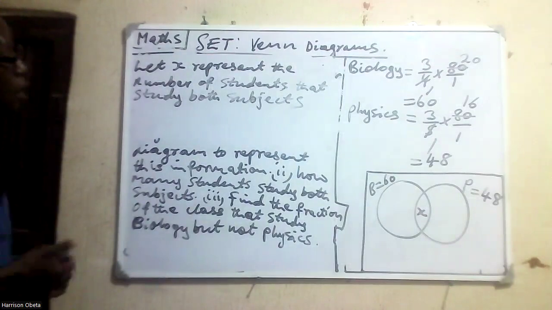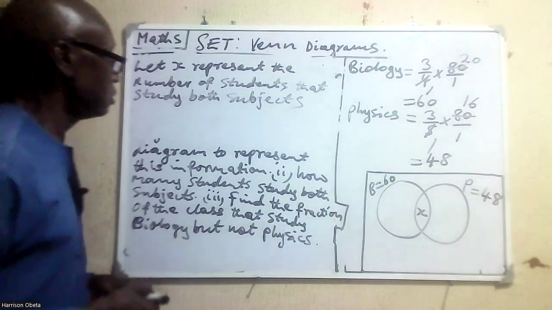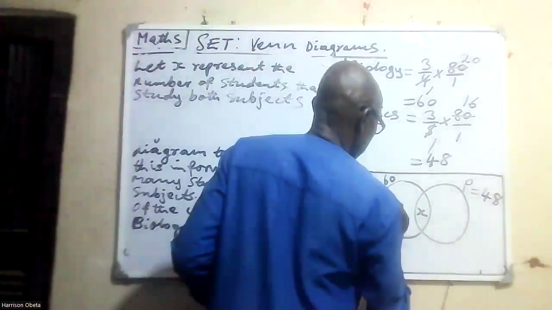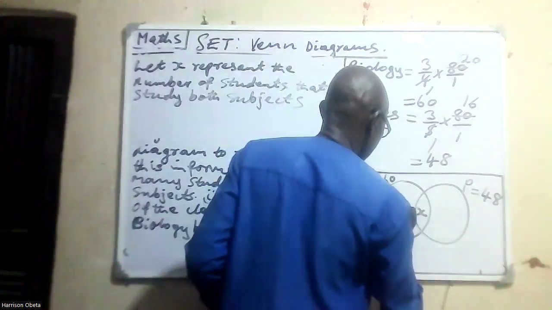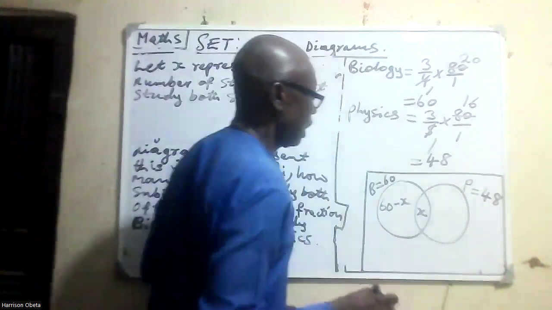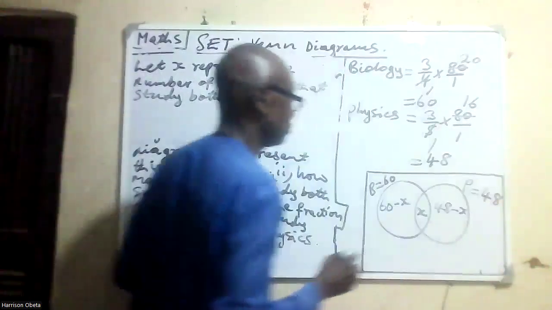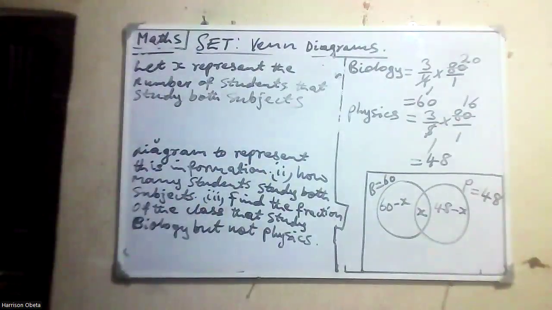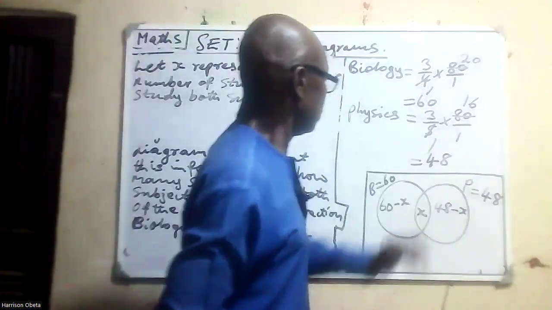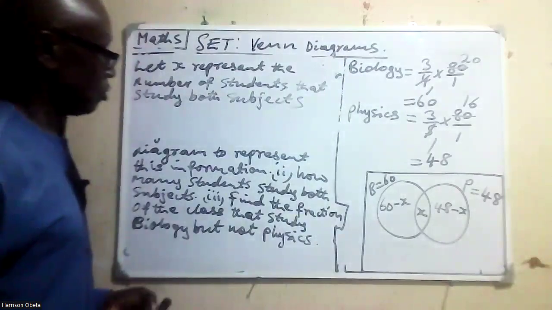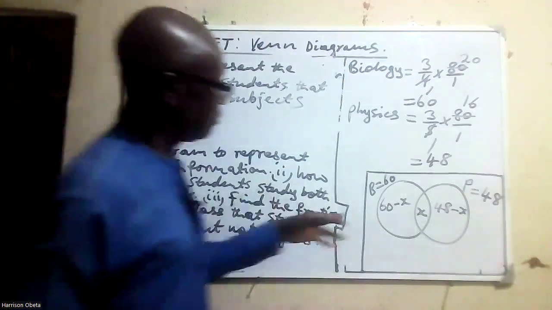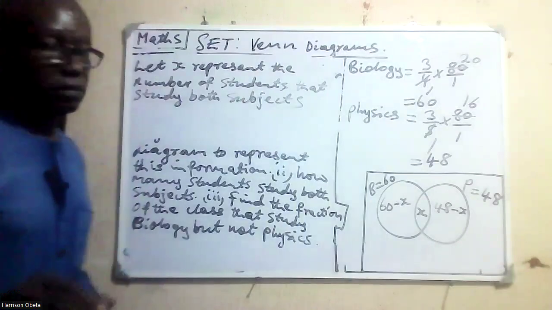Then, for us to move on, it means that this place should be 60 minus x, and also here should be 48 minus x. But we know that the total number of students in the class is 80. So we have to add everything here, equate it to 80 in order to get the value of x.